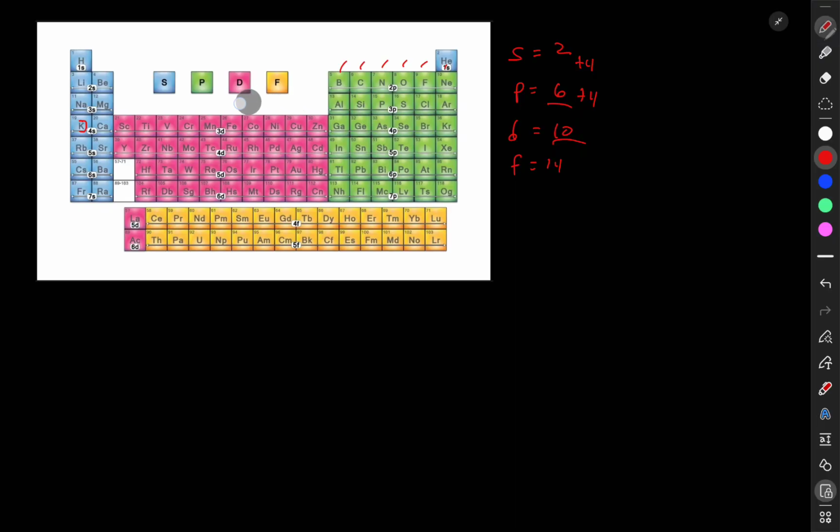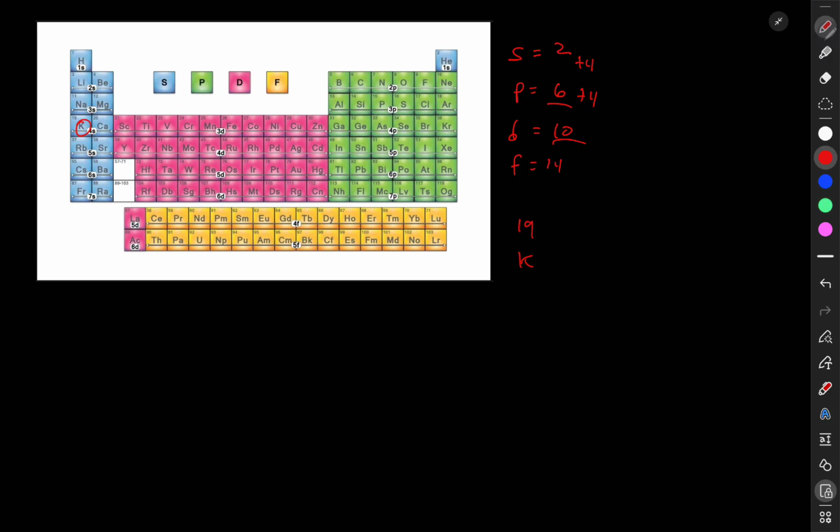Now, let's do the periodic table method electron configuration of, let's see, let's do potassium, 19. So how does the method work?